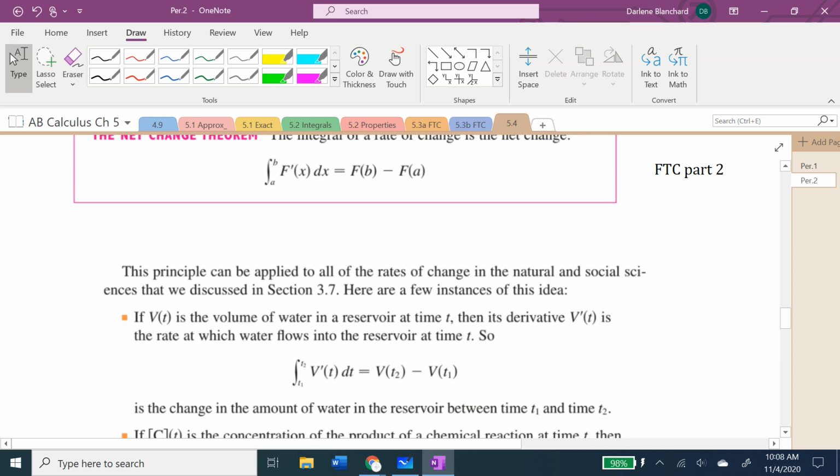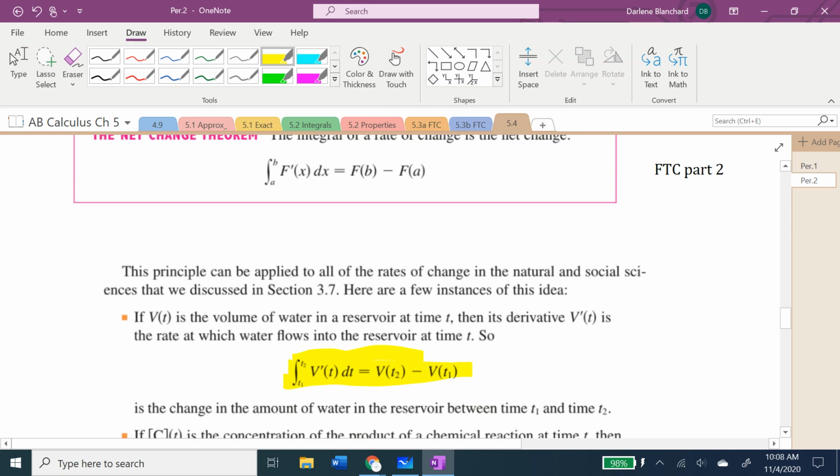You just are told, hey, if V is volume of water in a reservoir, and V prime is the rate at which water flows into the reservoir, then you are getting a net change in the amount of water in the reservoir over the time period with this definite integral.